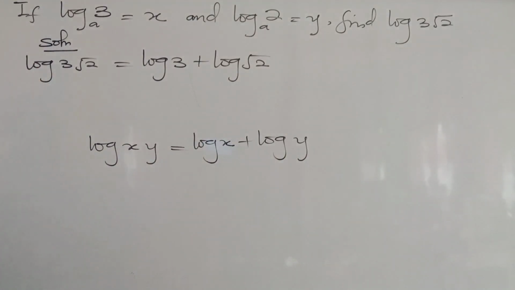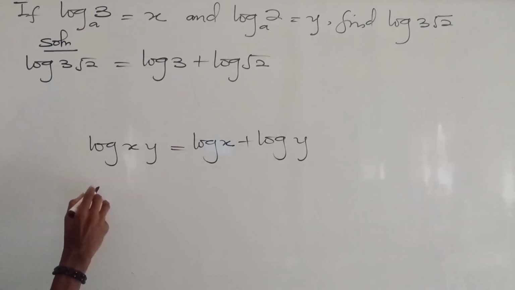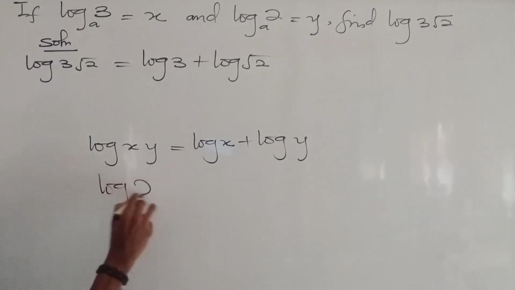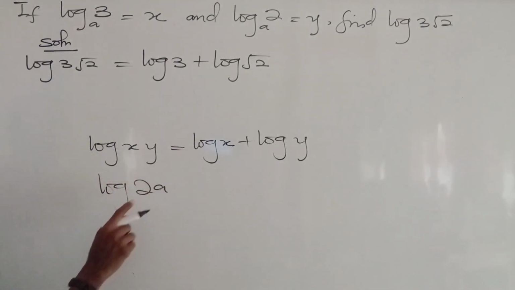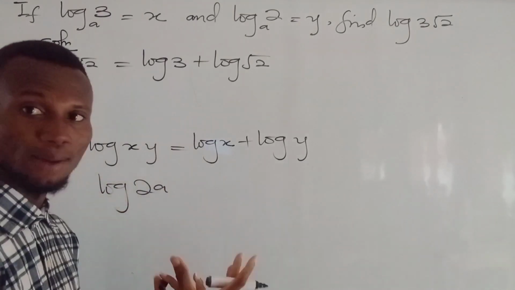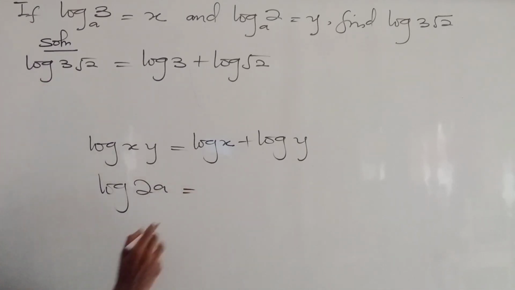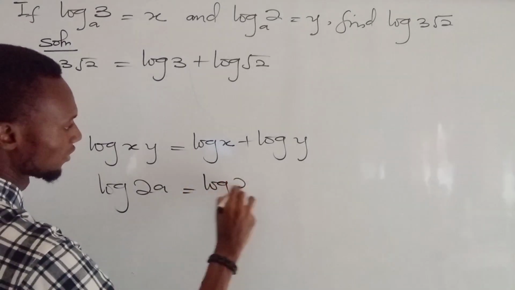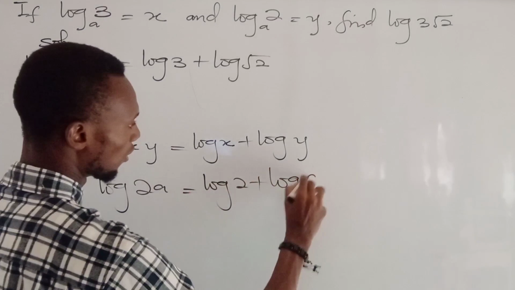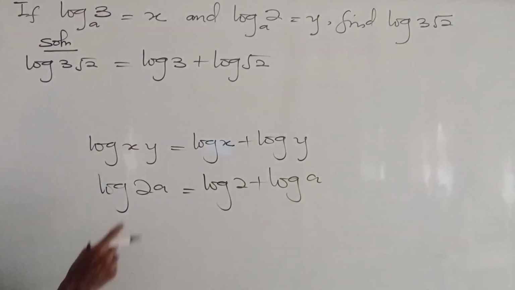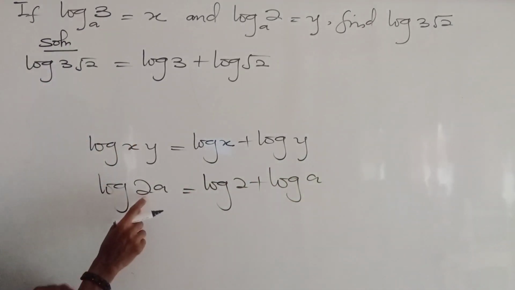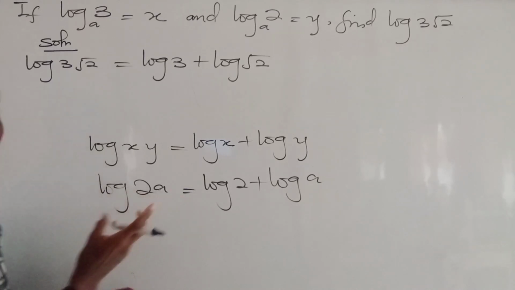Let me take another example. Let's say I have the log of 2a. You can see that the 2 and the a are multiplying. We can write it as the log of 2 plus the log of a. As I've explained, what is happening between the 2 and the a is that they are multiplying.